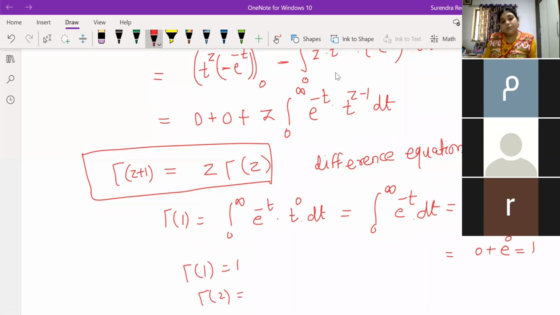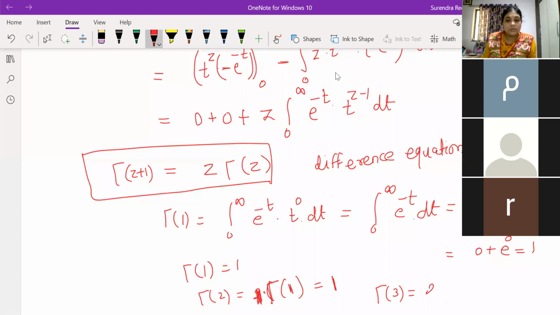What is gamma 2? If I want 2 here, z I have to substitute as 1. So gamma 2 is 1 times gamma 1, and 1 times 1 is again 1. What is gamma 3?